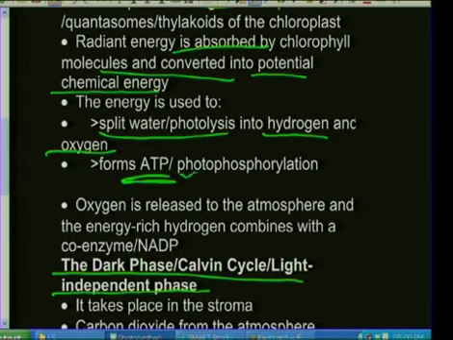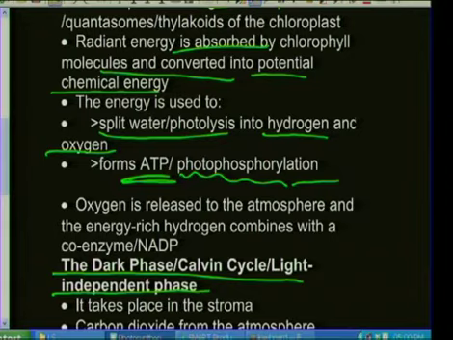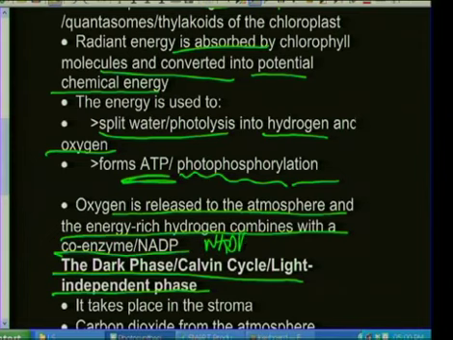This is also called photophosphorylation, another big word. Photo using light, phosphorylation to add phosphate to ADP to make ATP. Oxygen is released into the atmosphere, and the energy-rich hydrogen combines with coenzyme NADP to form NADPH.